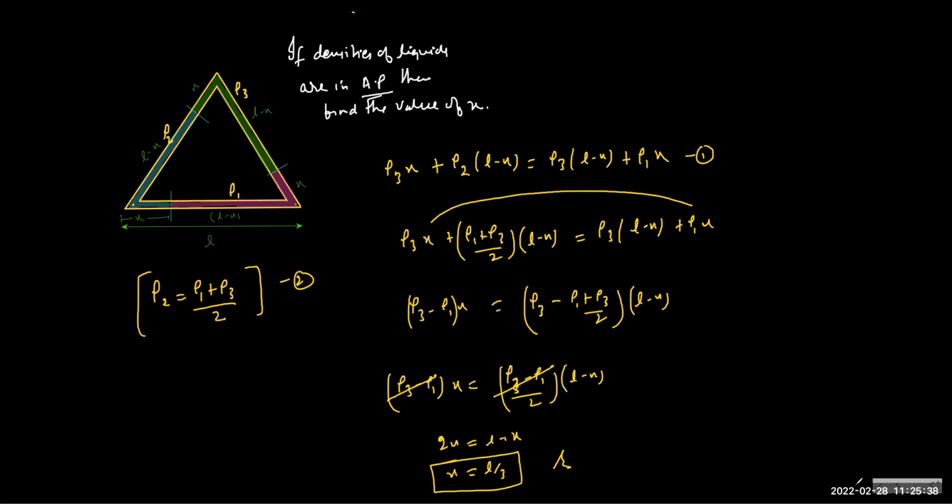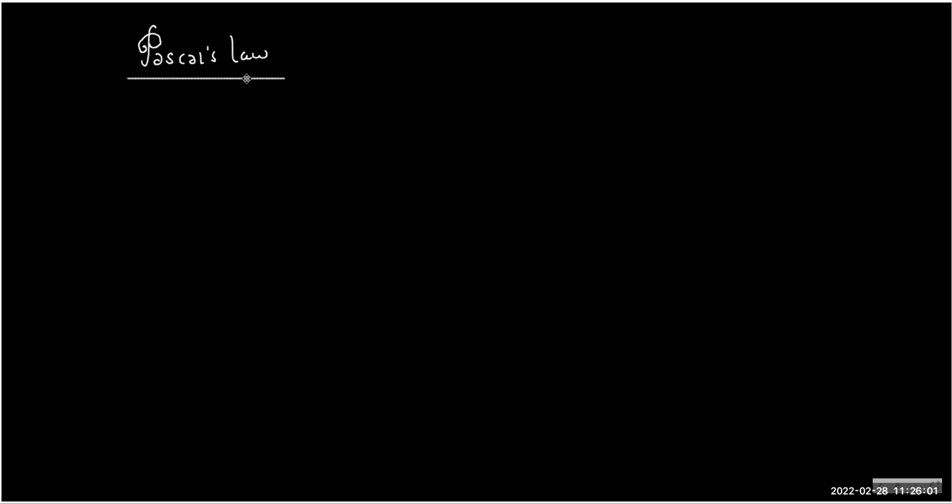Okay, so now we can go to the next concept, called Pascal's law, which is pretty simple but very useful. Pascal's law says that whatever pressure you create at one point of a liquid, that pressure will transmit throughout the volume.